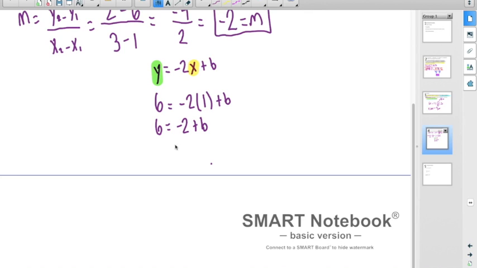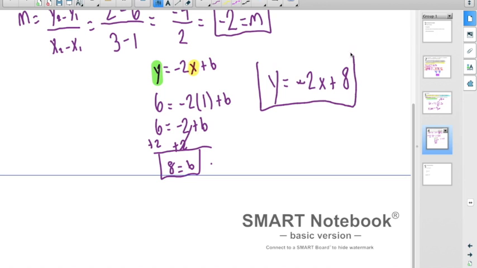To get this, I've got to add 2 to both sides. So I get 8 is equal to b. And there we go. For a final answer, to put it back in y equals mx plus b form, my m is negative 2. So negative 2x plus 8 is the equation of my line.